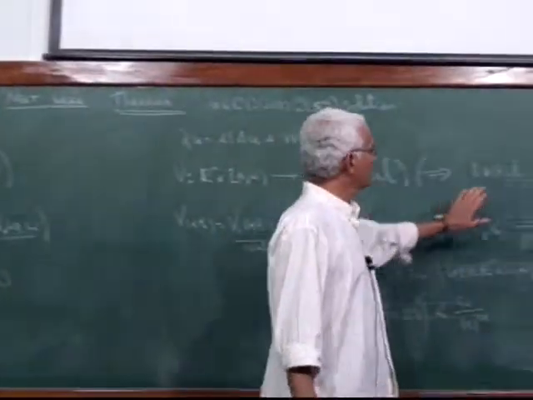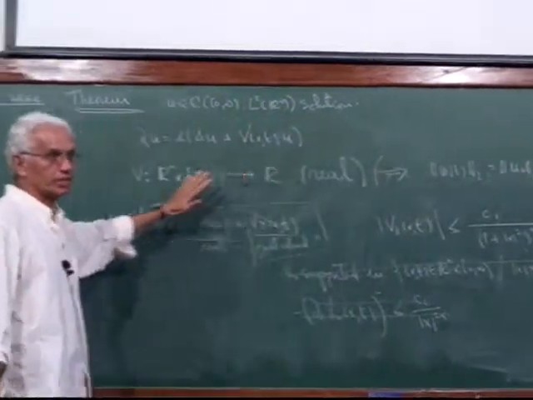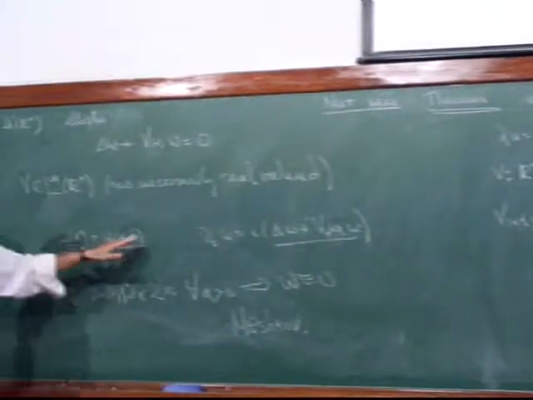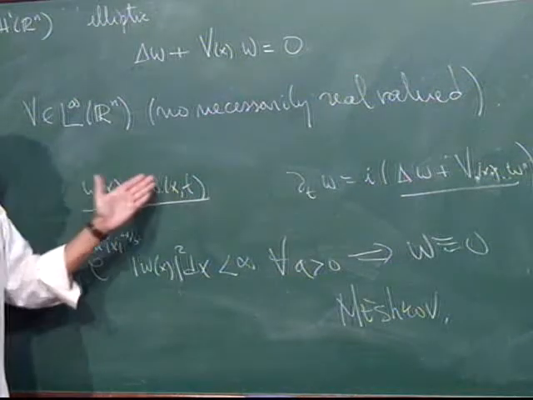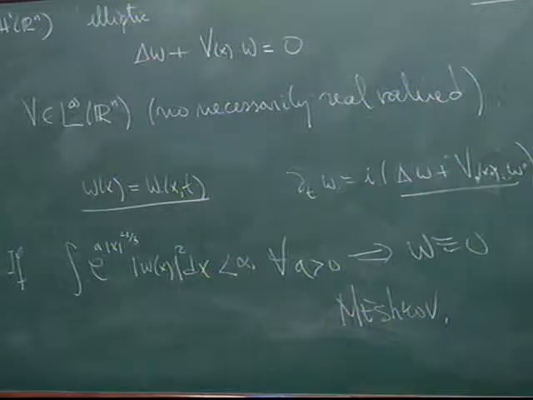Yes, the only thing that we use for real valued is that you preserve the L2 norm. It's the only thing that we will use. But you preserve the L2 norm of this solution because it's time independent. So you can replace the real values? Yeah. You will see that in the proof. It's the only thing that we use is this.